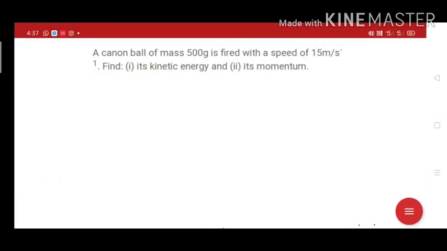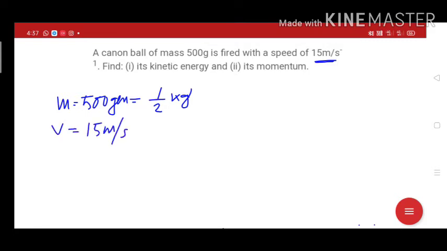Okay, a cannonball of mass 500 gram. So mass is given, that is 500 gram, that means it is in CGS, so we should make it in SI system, as the rest of all is given in SI system. So 500 gram means we can write 1 by 2 kg, half kg. Then it is fired at a speed of 15, that means v is given 15 meter per second.